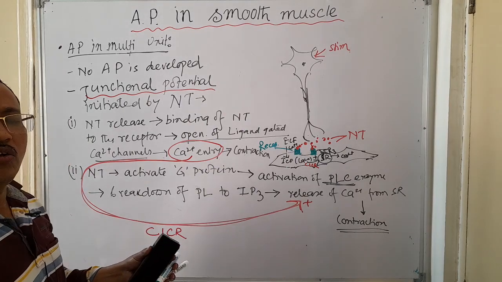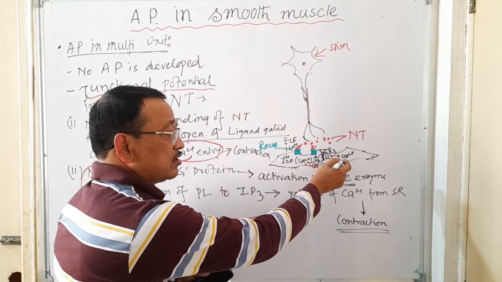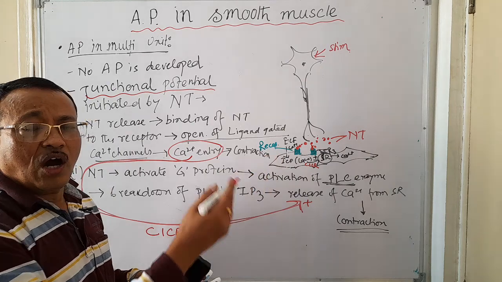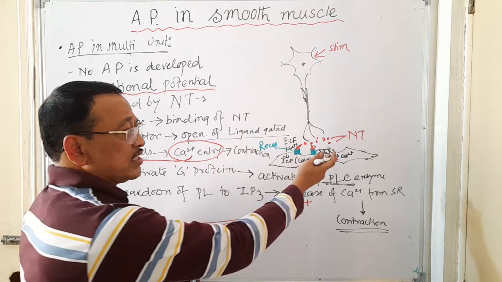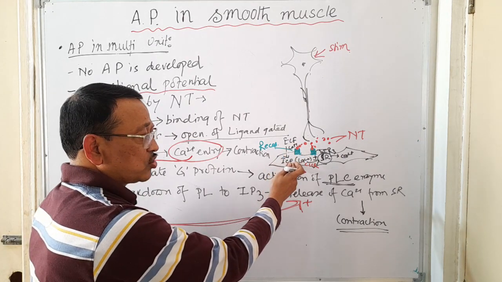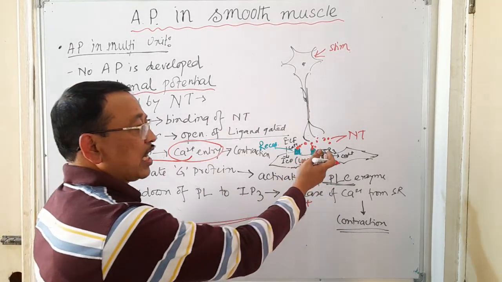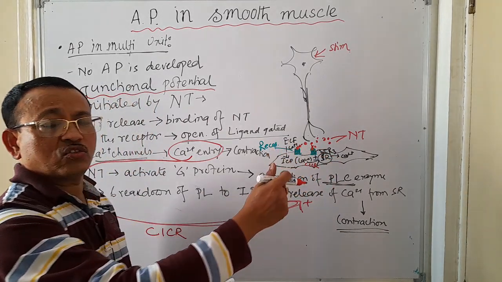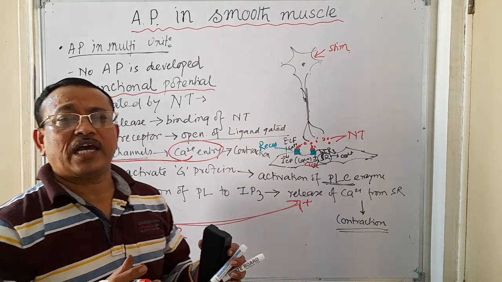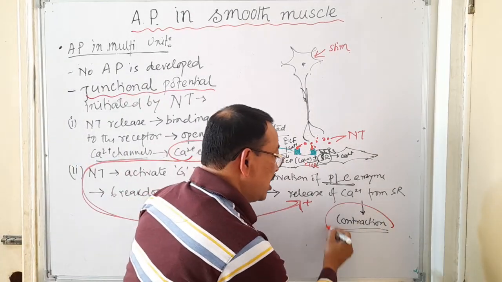So calcium ions are getting released in the intracellular part of the multi-unit smooth muscle. How? From two sources. One is the intracellular source, another one is the extracellular source. The extracellular source also induces the release of calcium ion from the intracellular source, and thereby by this mechanism enough amount of calcium ions are getting released, and that calcium ion ultimately results in the contractions.